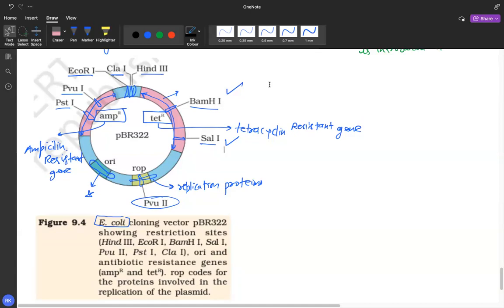If we culture those bacteria in which we think we have done transformation, we think our vector has entered, now I want to test really if it has happened or not. Then I take some of those bacteria and culture them in a medium which contains both ampicillin and tetracycline antibiotics. Now what will happen if the bacteria survives in the presence of both?